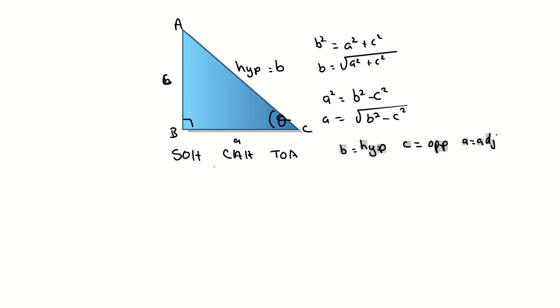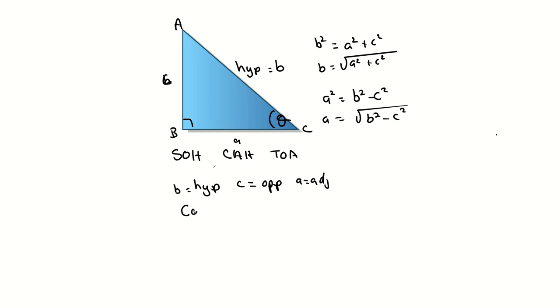Now, depending on what the question gives you is when you'll use SOHCAHTOA. If they give you hypotenuse and you're trying to find opposite, then you know it's sine. So it just depends on the question and what is given. And that is Pythagoras theorem and SOHCAHTOA. The only thing I would tell you is make sure that your calculator is in DEG.